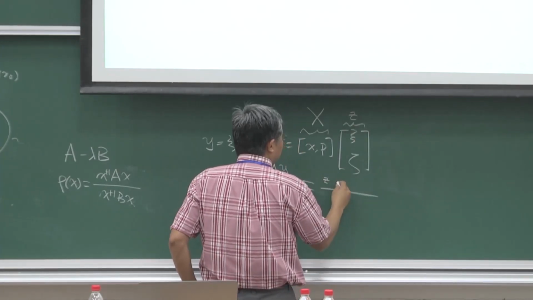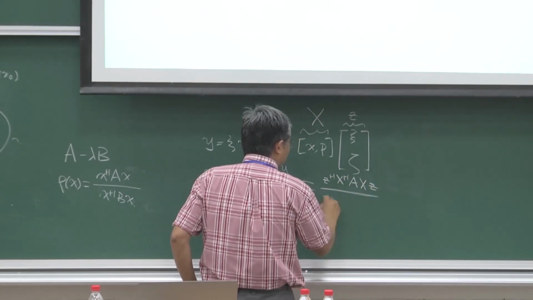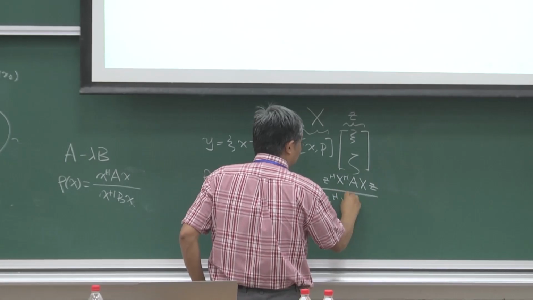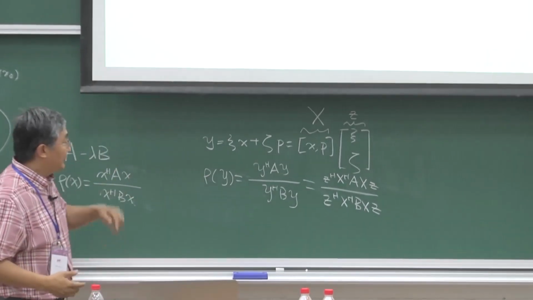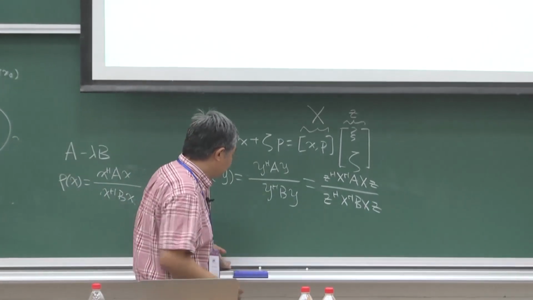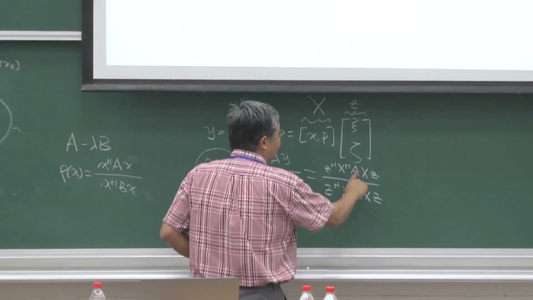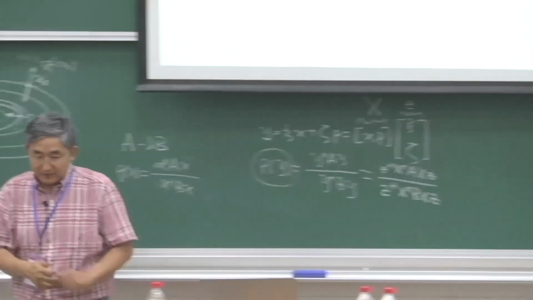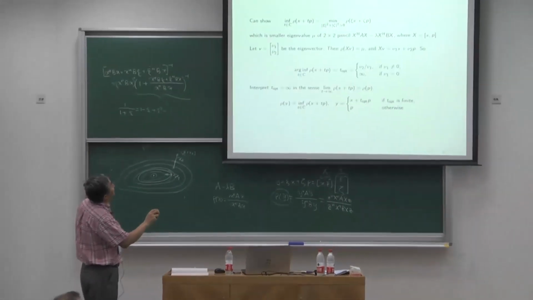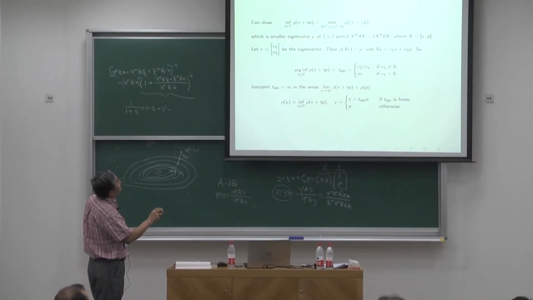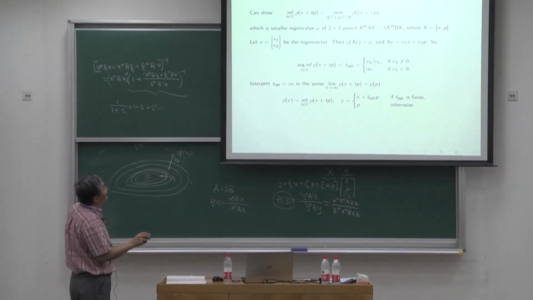It becomes z transpose X transpose A X z. And that's why, when you minimize this, it gives you the smaller eigenvalue of this 2 by 2 matrix pencil. So this value is the smaller eigenvalue of this 2 by 2, assuming x and p are linearly independent.